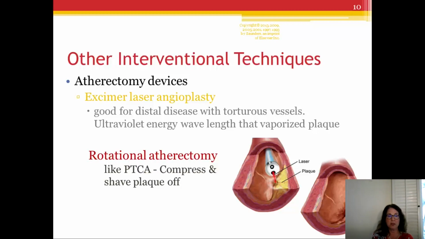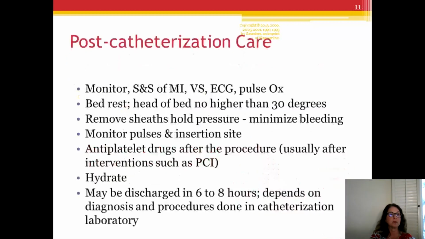So generally it's used when PTCA is not able to hit something like a long lesion or a clogged bypass graft. Smaller vessels and things that might lead to restenosis. Rotational atherectomy is along the same lines. Like PTCA, you compress and yet you're shaving off the plaque. So these are other things you might see at your institution.